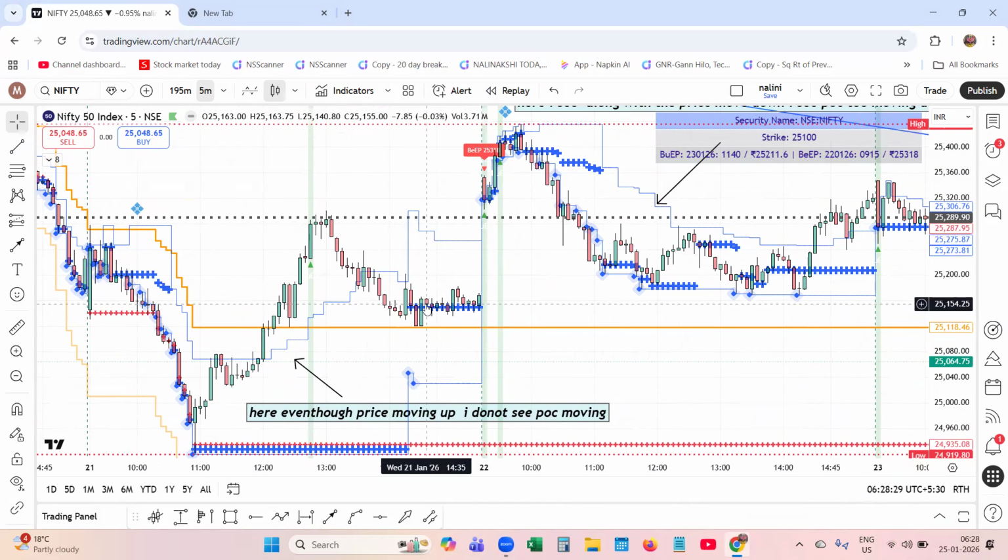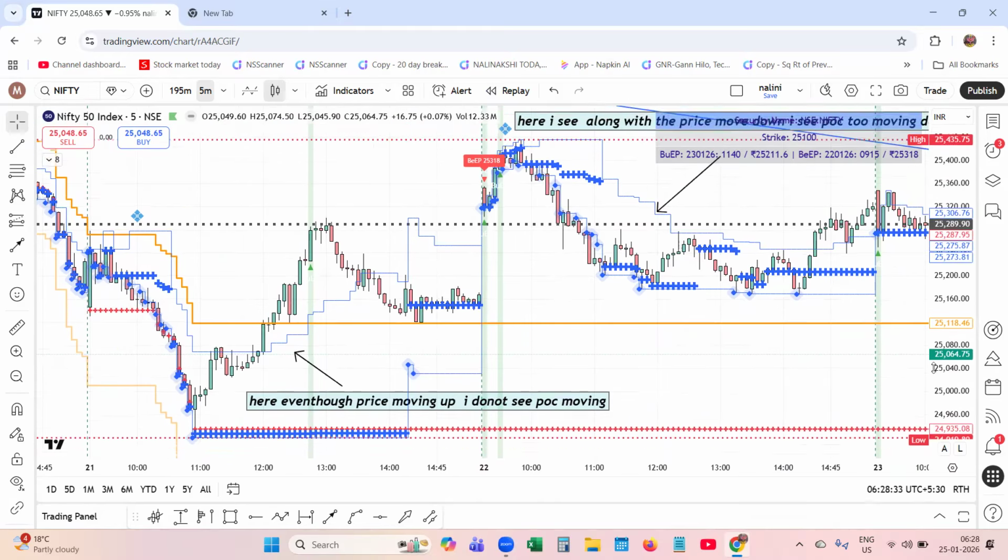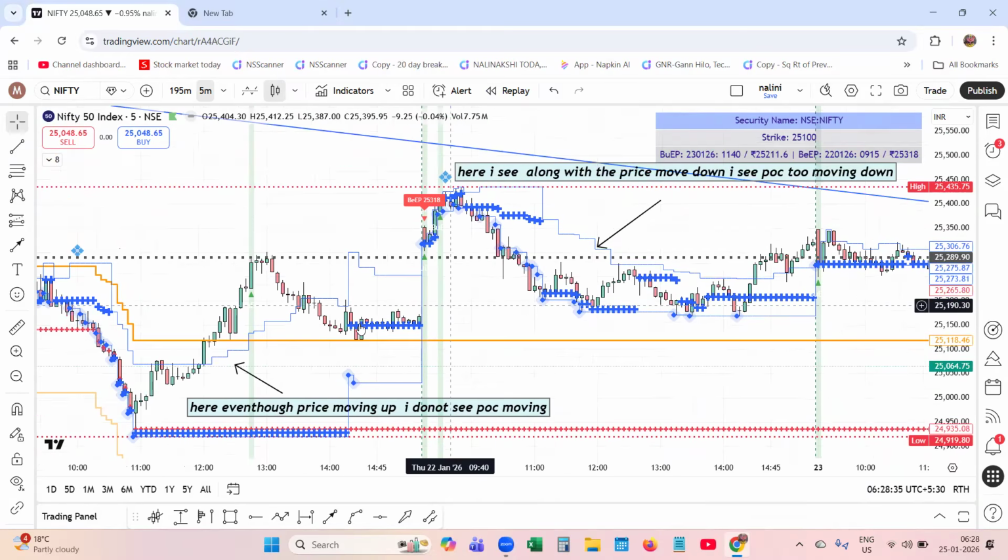The intention of the big player was not to the upside. So, one important rule you must remember is price moves first and POC comes later. So, I never trade just because price is moving.